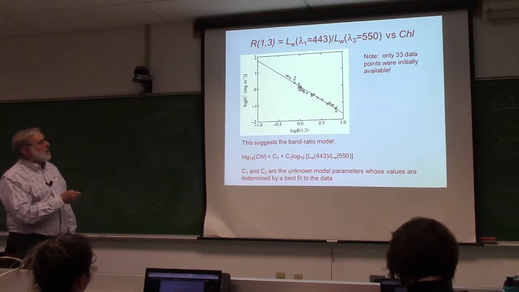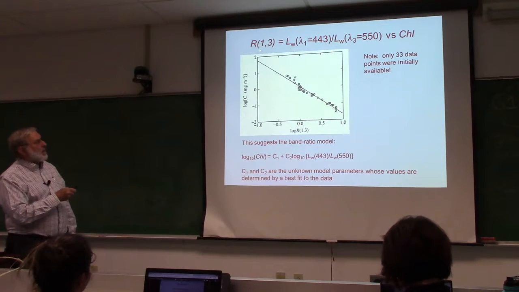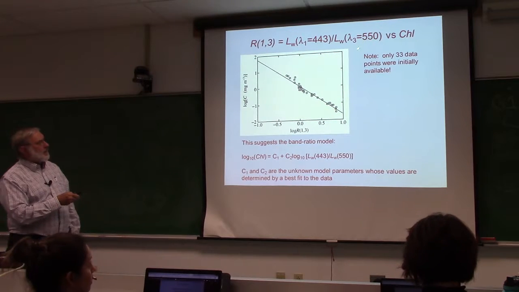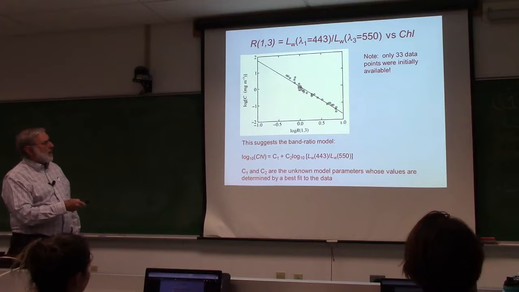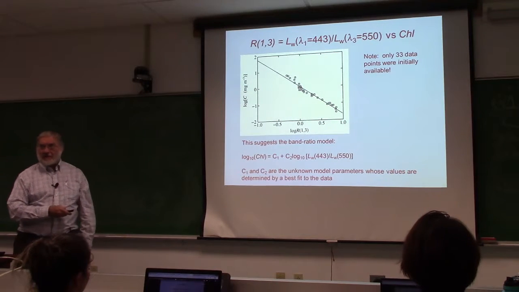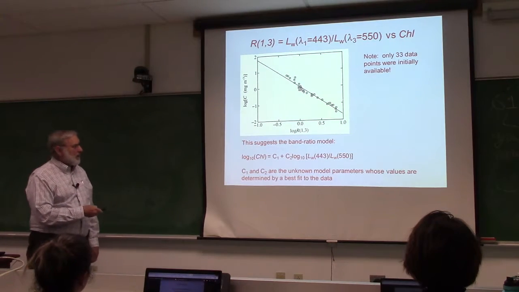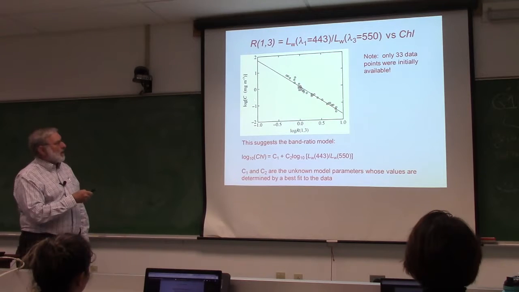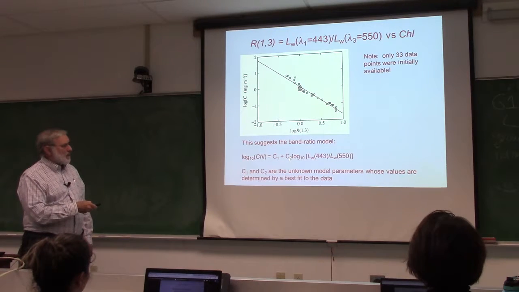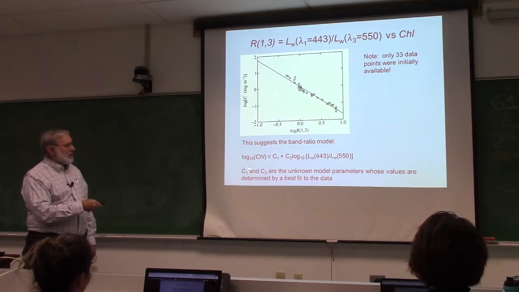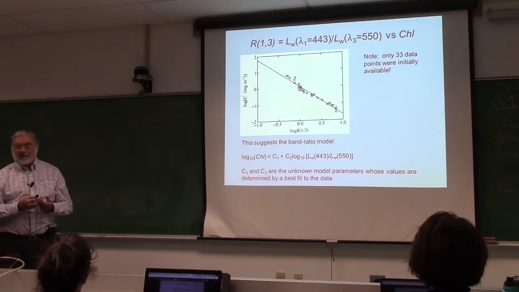They looked in this plot at the ratio of band 1 to band 3, which is LW 443 over 550, versus chlorophyll, plotted on a log-log plot, and they had a whole 33 data points to develop the first CZCS algorithm. So you look at this and say, well, I can plot log chlorophyll is constant 1 plus constant 2 times the log of the ratio, get the best linear fit here. There's our model for retrieving chlorophyll.